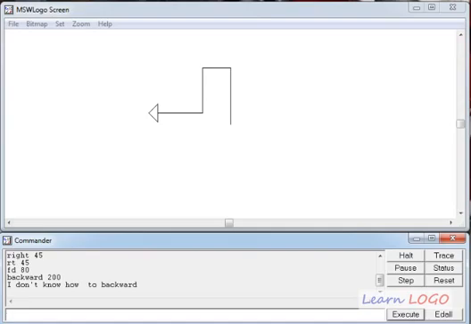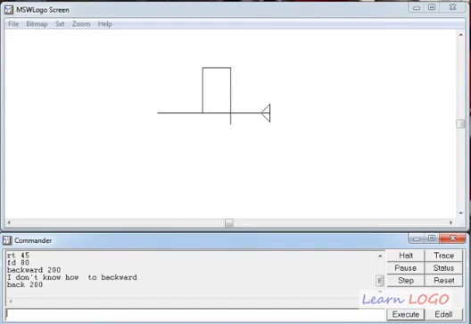Oh, this backward doesn't work. So that means you cannot write backward completely. And anywhere if you give wrong command, this is going to shout at you. So be very careful. So the correct command is actually BACK, and let's move it backward by 200 pixels.